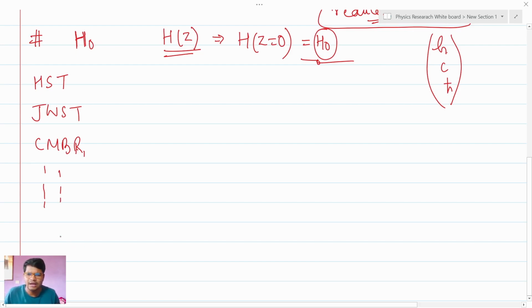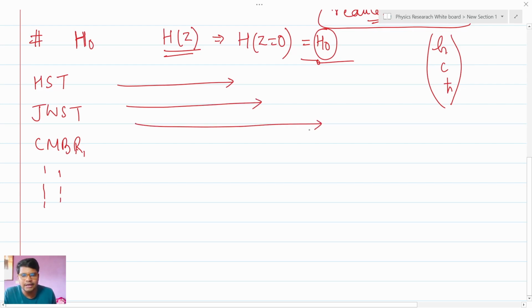We can measure weak lensing, gravitational lensing. We can measure some light coming from the galaxies, and we can estimate everything. So we can have different sources, we can have different data, and as we are looking at a greater length of sources, it means that as you go into the past, your z is becoming higher.